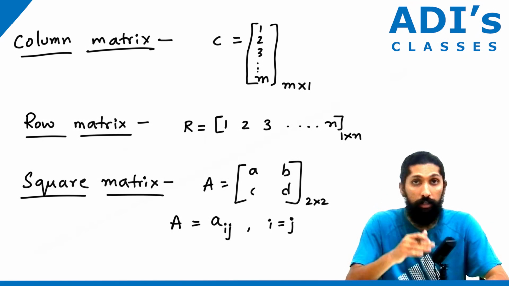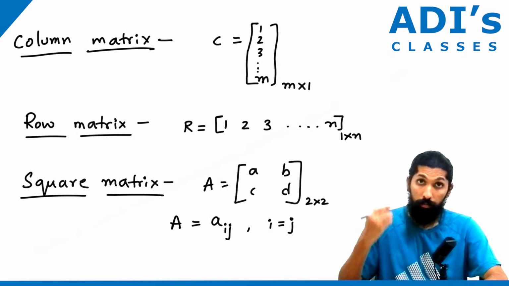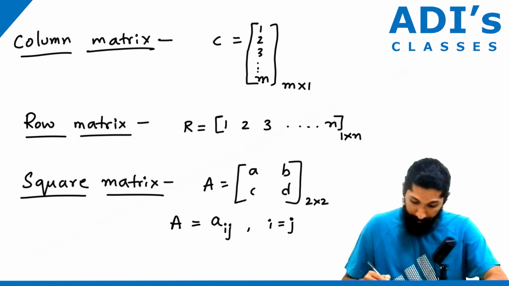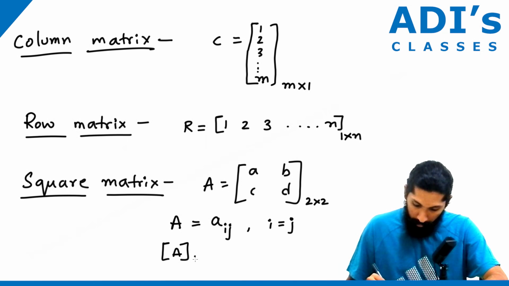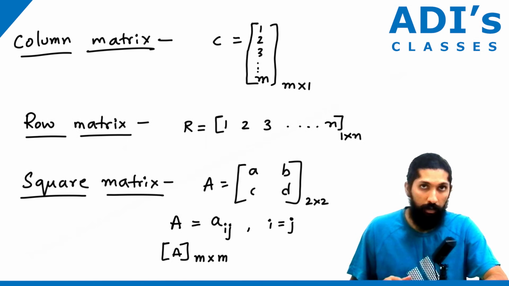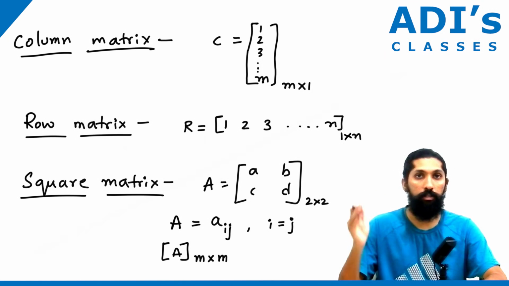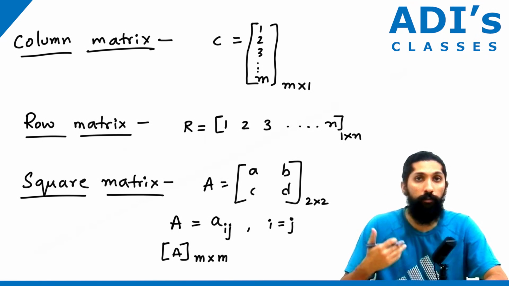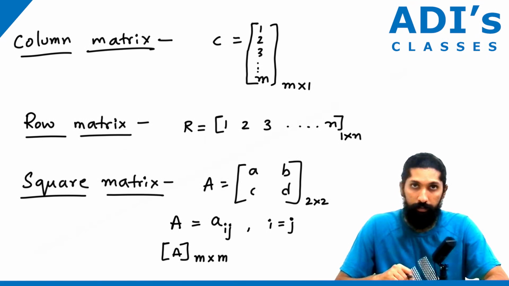That's why we write i is equal to j. Or in other words, you can also write it another way: you have matrix A of the order m cross m. Same thing, m cross m. Number of rows is equal to number of columns. So m cross m is also another way of explaining that it is a square matrix.